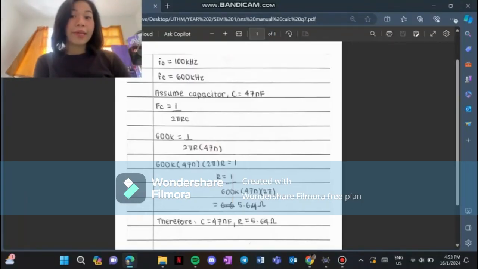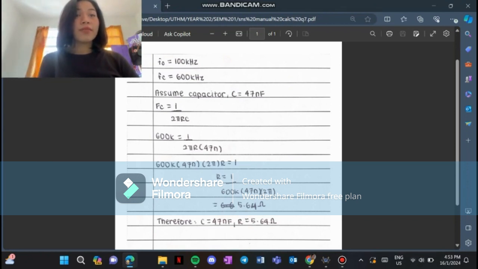Hello, my name is Valerie Melanie. My matrix number is AE220120. For this assignment, I'll be presenting question 7's manual calculation as well as the simulation. It is given that F0 equals 100 kilohertz, FC is 600 kilohertz, and we assume the capacitor is 47 nanofarad.